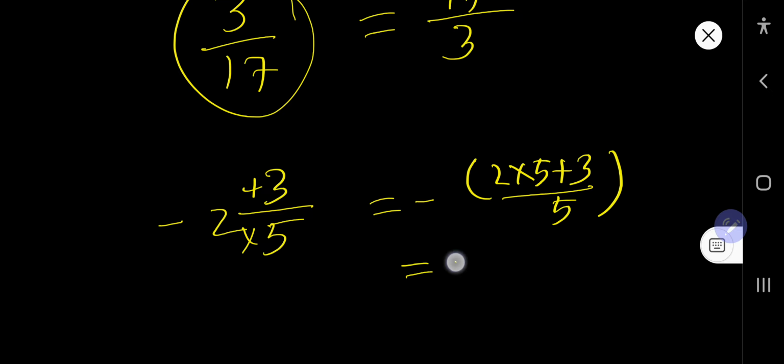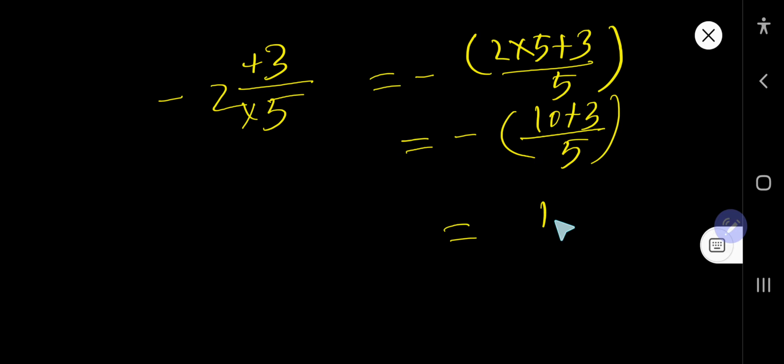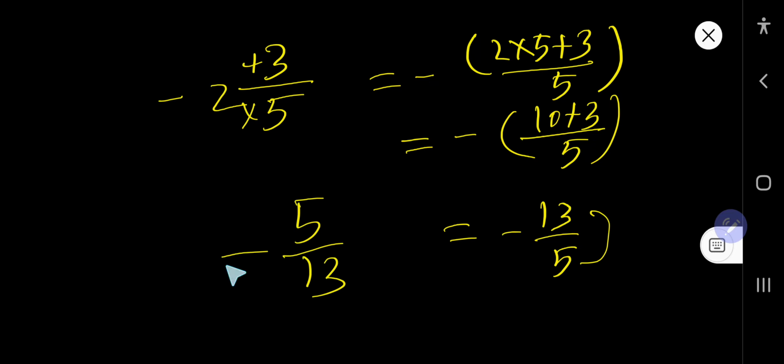Okay, so we are getting here 10 plus 3, divided by 5. So we are getting here 13 over 5. And to take the reciprocal, just flip this fraction, 5 over 13, and you need to put the negative sign here. So the reciprocal of this mixed fraction is this.